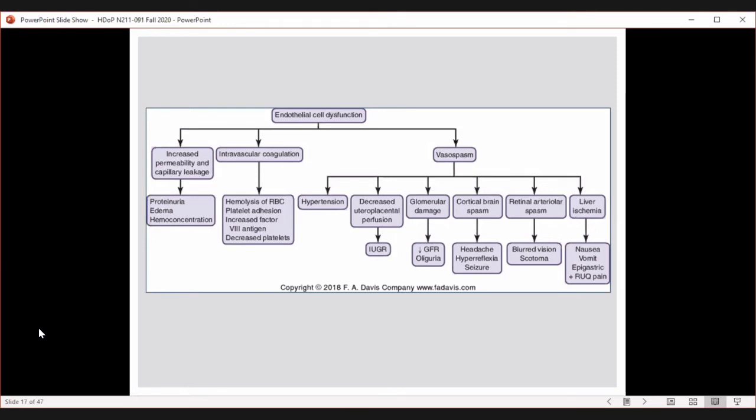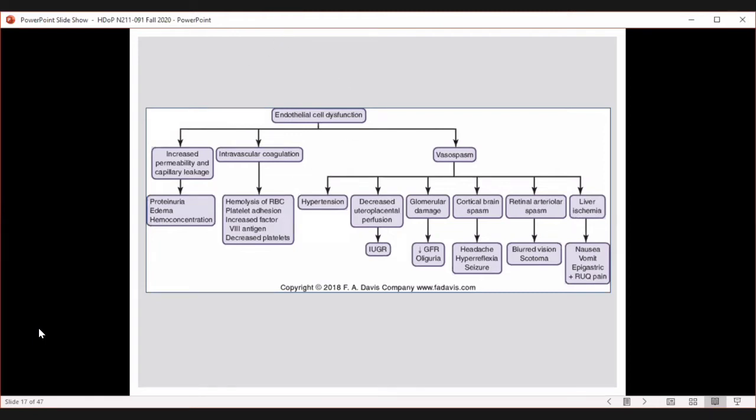So if the vessels are more permeable, the fluid tends to shift out of the vessels into the tissue space, into the interstitial space.